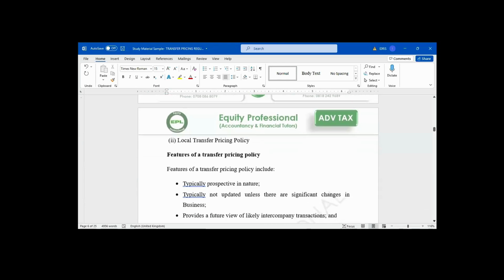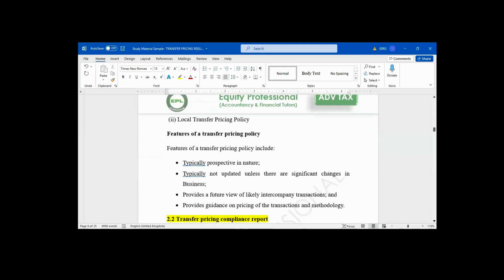One of the features of transfer pricing policy is, number one, they are typically prospective in nature. Another one, they are not regularly updated unless there are significant changes.